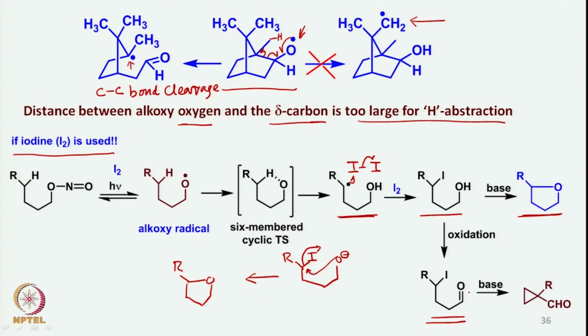On the other hand, if we oxidize this alcohol to the corresponding aldehyde and then use a base, you can generate an anion alpha to the aldehyde, and that undergoes an intramolecular reaction to form the corresponding cyclopropane. So, if we use iodine, then we have a possibility of a cyclopropane ring formation, or a tetrahydrofuran type of ether formation is also possible.